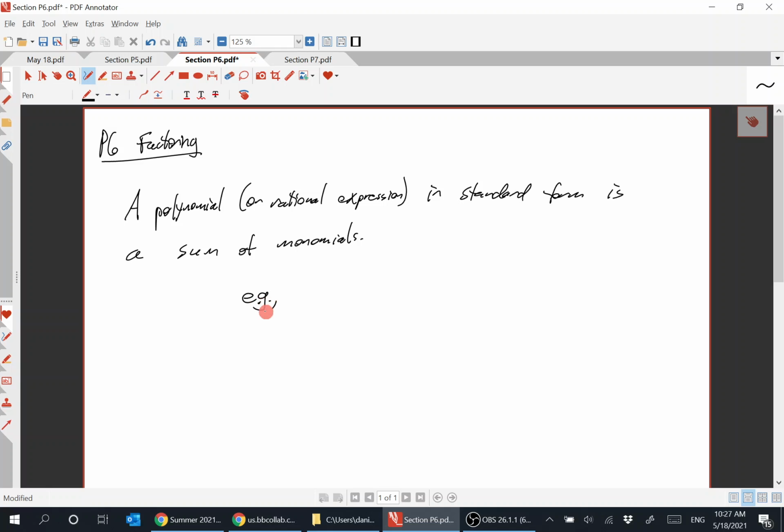So, for example, 3x squared minus 10x to the 1/2 plus 1. I'm just going to use a polynomial: 3x to the third plus 10x minus 1. Something like that. Okay? So a sum of monomials.